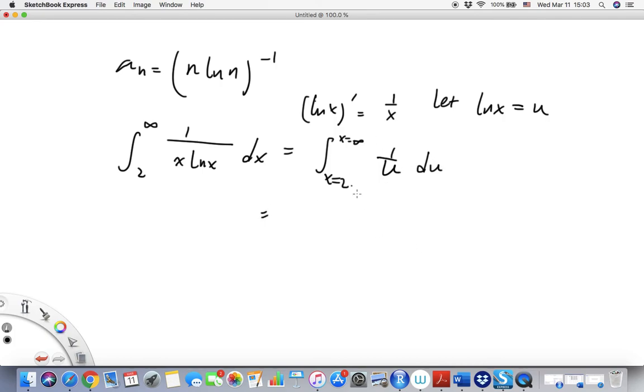You integrate 1 over u, you get log of u, which is log x from 2 to infinity. As you can see, if you plug in infinity, you get infinity. So by the integral test, this is divergent.